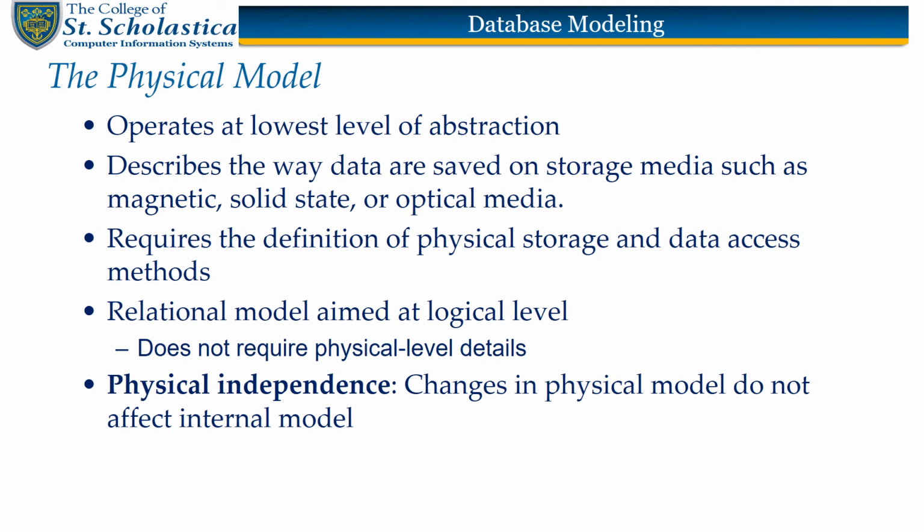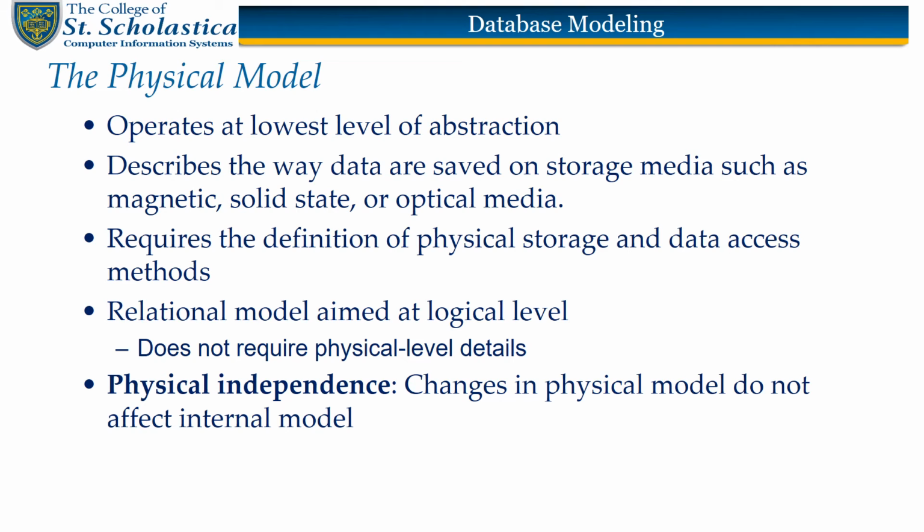The physical model operates at the lowest level of abstraction, describing the way data is saved on storage media, such as magnetic, solid-state, or optical media. The physical model requires the definition of both the physical storage devices and the physical access methods required to reach the data within those storage devices, making it both software and hardware dependent.